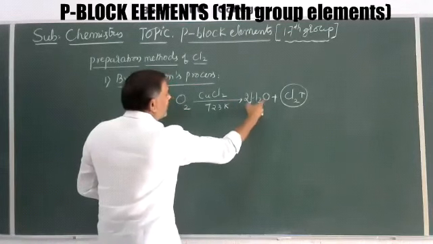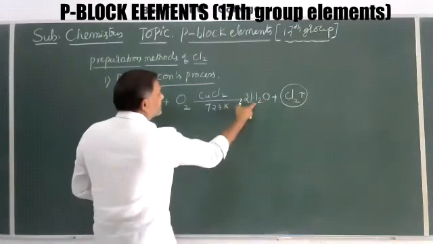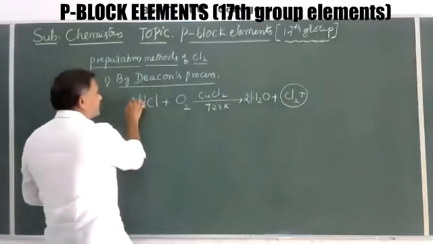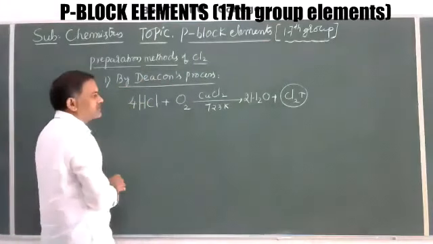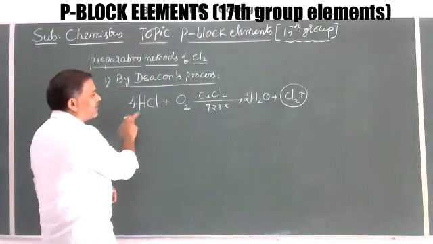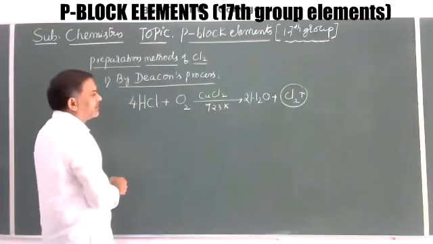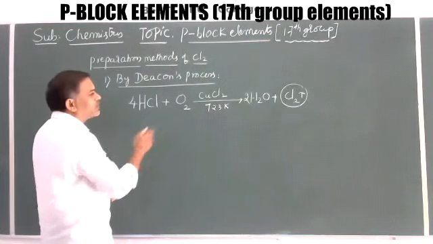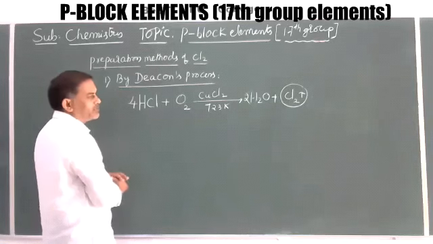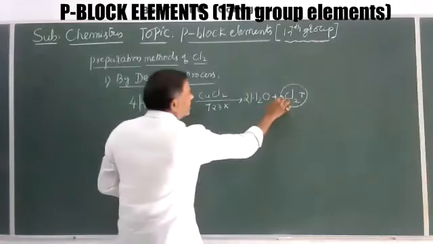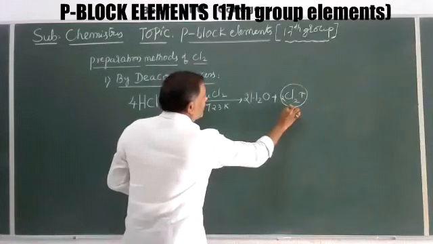Oxygen atoms only 2 are there, but hydrogen atoms 4 are there, that's why it is multiplied with 4. Now 2 H2O, 4 hydrogen atoms balanced, and chlorine atoms take 2 moles, now balanced.